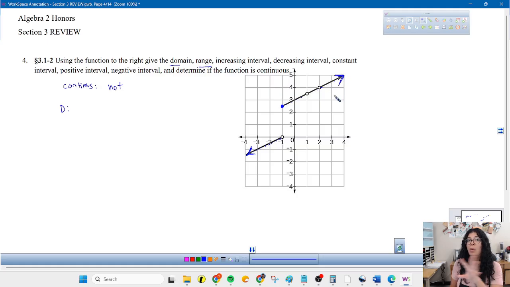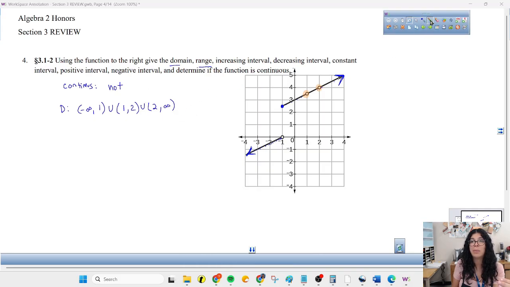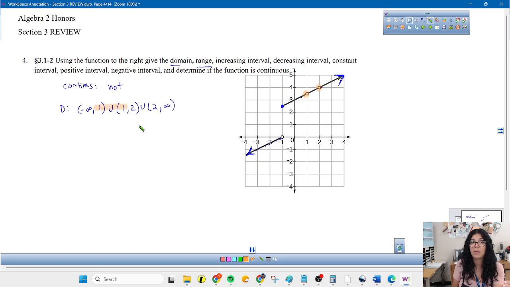It will be all real numbers, except notice that at x value of 1 is open, and there are no other points that I actually have an x value of 1 for, and I also have an open at 2. So this is going to be from negative infinity till the 1, then union between the 1 and 2 I have points, and then union from 2 to infinity I have points. So I have points from negative infinity to positive infinity, but I don't have any point at x value of 1, and I also don't have any point at the x value of 2.